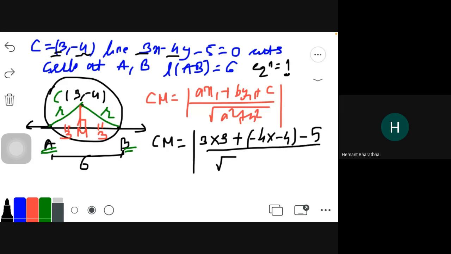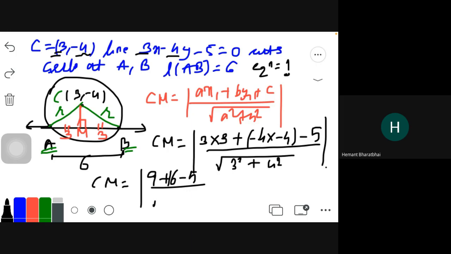My a is 3 and b is 4, so 3 square plus 4 square. So I'll get the length of CM as 3 into 3, that is 9, minus 4 into minus 4, that will be plus 16, minus 5, upon 9 plus 16. 9 plus 16 is 25, and 25 minus 5 is 20. So it will be 20 upon square root of 25, that is 5. That will give me 4 units.